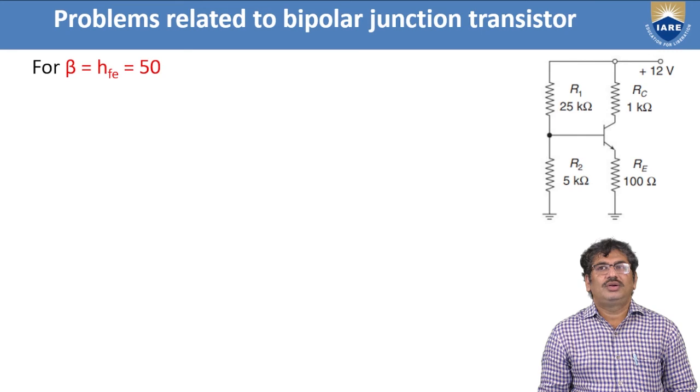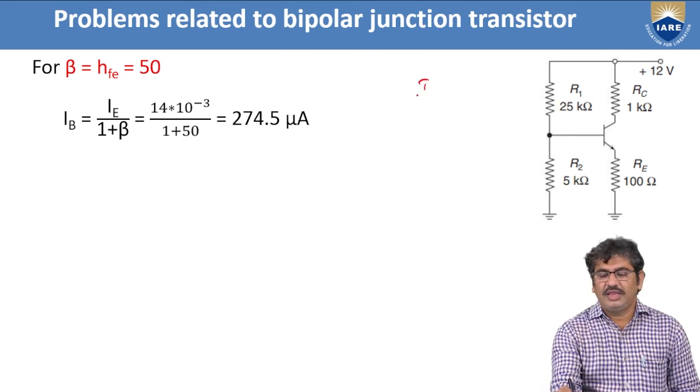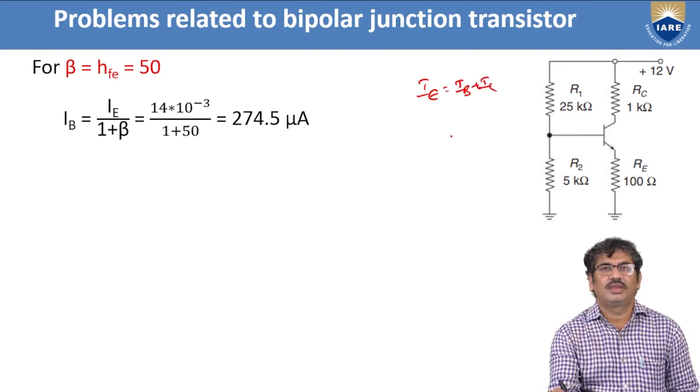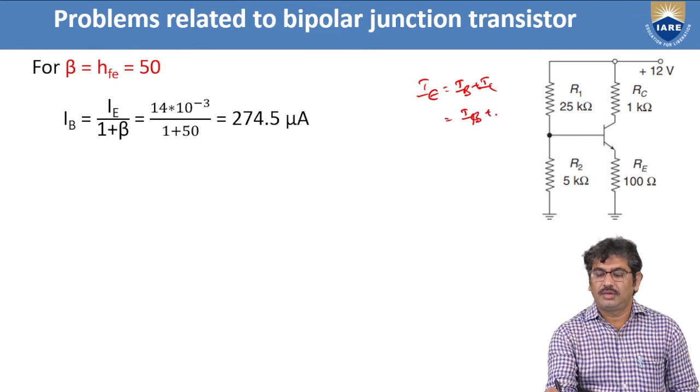Next, we need to find out for beta is equivalent to 50 the collector current, which we can estimate by first evaluating the base current. IB is equivalent to IE divided by 1 plus beta. As we know, IE is equivalent to IB plus IC. IC we can write in terms of IB as beta times IB.